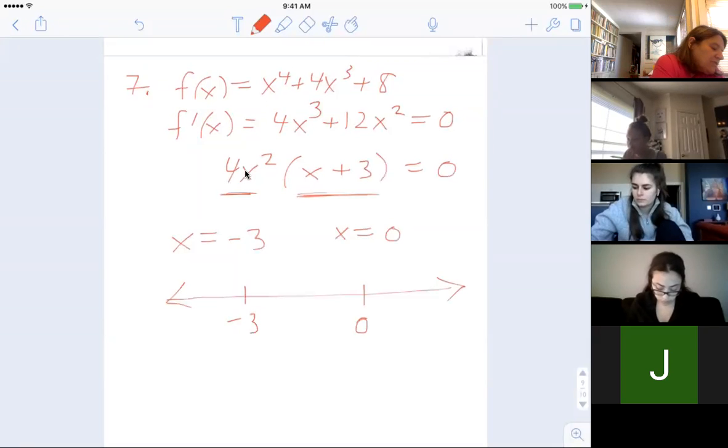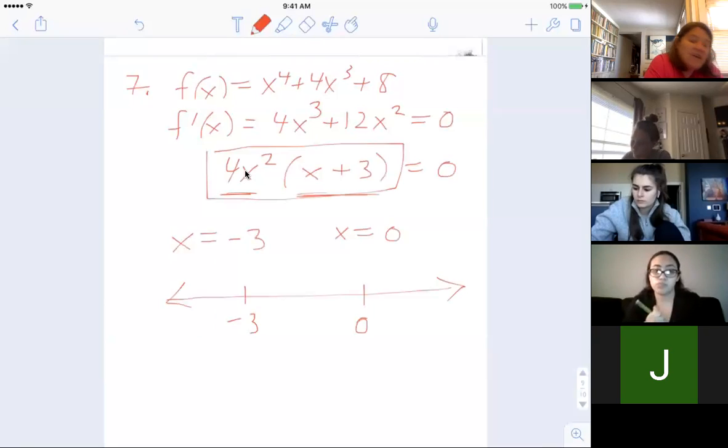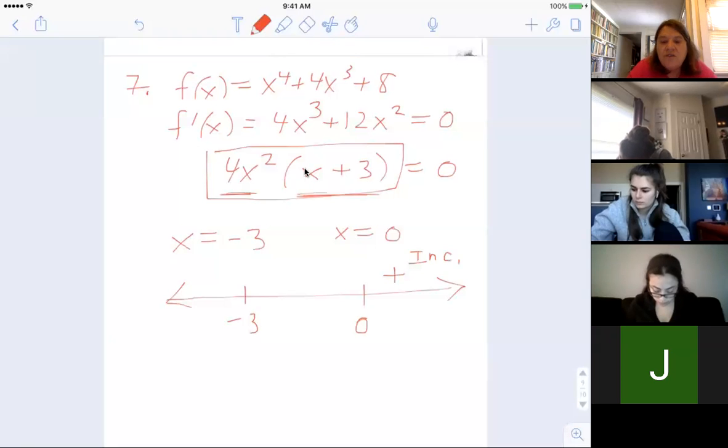I'll go back to this factored form of the derivative, and I'll pick a test point in each one of these sections. Suppose in this section I pick 2. 2 plus 3 is going to be 5. 2 squared is positive. A positive times a positive will give you a positive. So what we would know there is that this function is increasing to the right of 0.